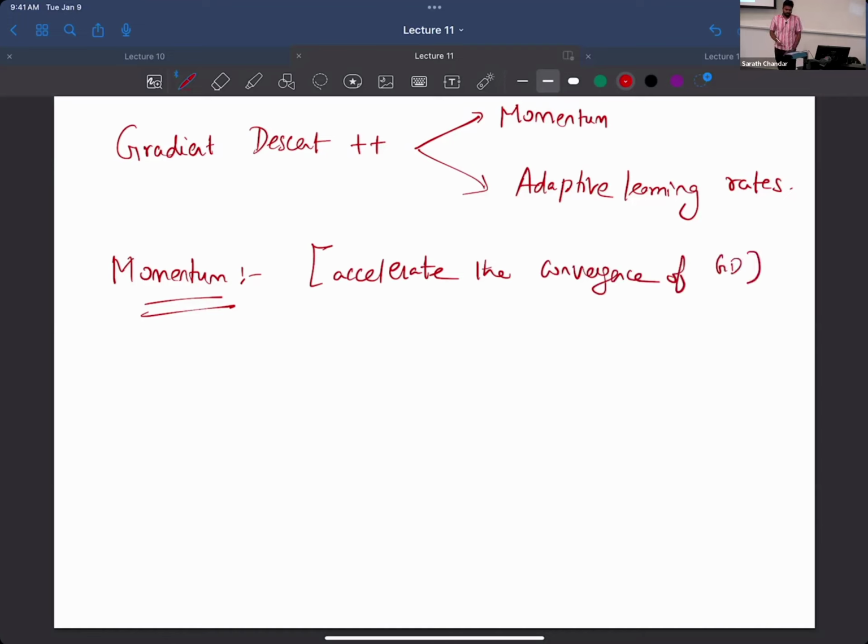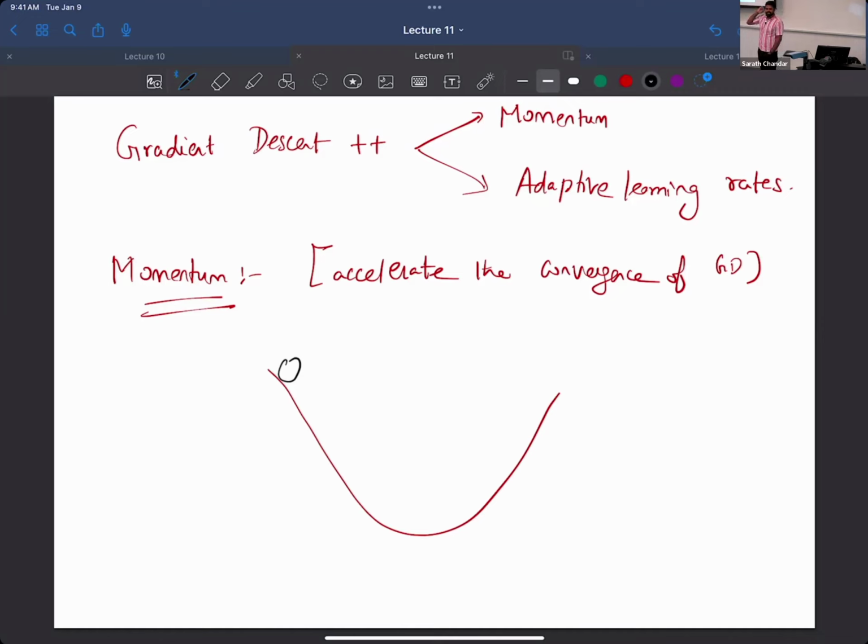Now this is inspired from momentum in physics. An easy way to understand how this works is to imagine you're dropping a ball from the top of a hill. When you drop this ball, it's going to start rolling.